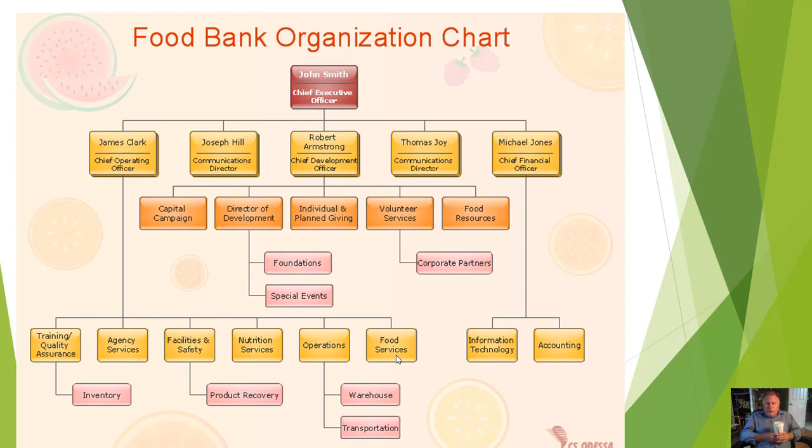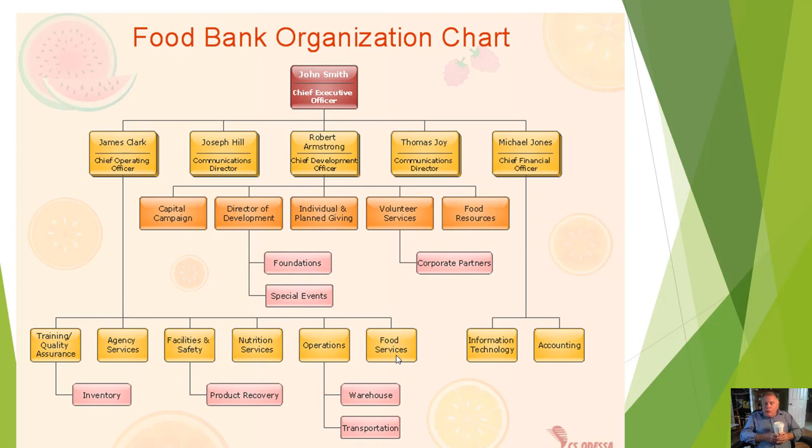Food services. So in this organization, the chief operating officer, when we're looking at the raw numbers of people, has the majority. Okay? But that's operations. Then we have the CFO, who's got accounting and IT. Then we see the two communication directors, they must have a need. And then there's a development officer, because a food bank is a nonprofit, so they need to raise money.